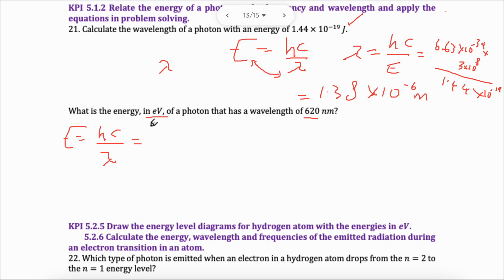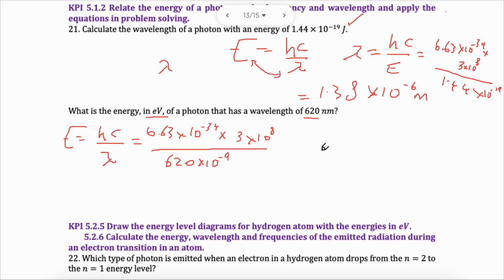I will do the same thing. This time I have more space, which is nice. 6.63 times 10 to the minus 34, multiplied by 3 times 10 to the 8, and then I'm going to divide all of that by the lambda, which is the wavelength. That's 620 nano, times 10 to the minus 9.